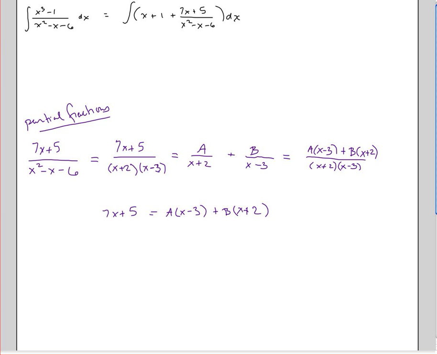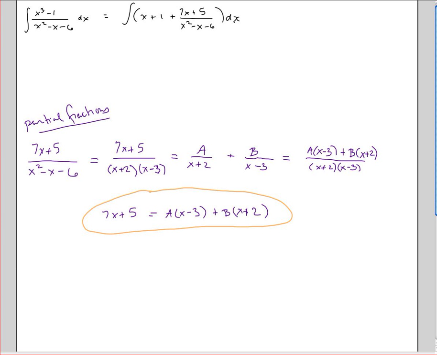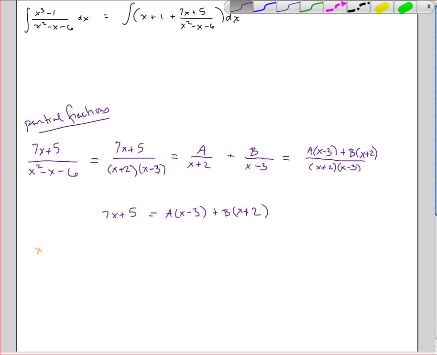Okay, so notice that if I try x equals 3, well, on this side here, I get 3 times 7, 21, plus 5, which is 26.